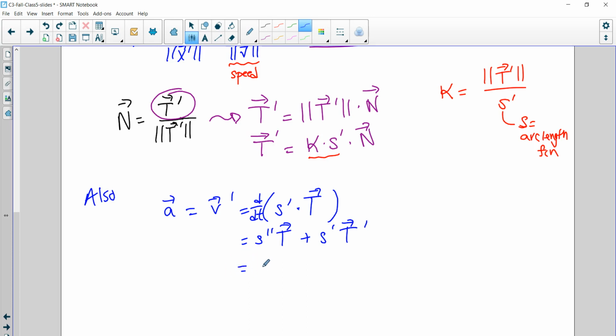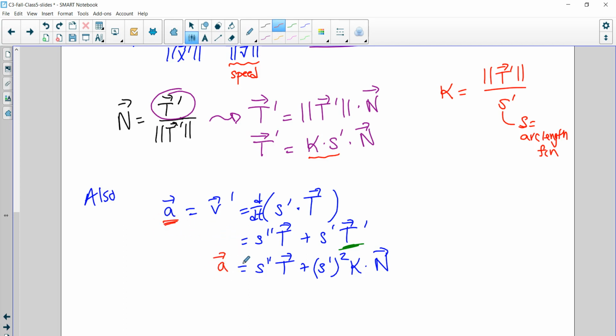And so then just plugging in what I know, this is s double prime T plus, and then I'm going to substitute in for vector T prime, and what I end up getting is plus s prime quantity squared, because I have s prime here and one s prime from there, times kappa times the normal vector.